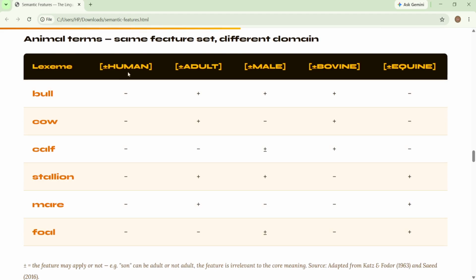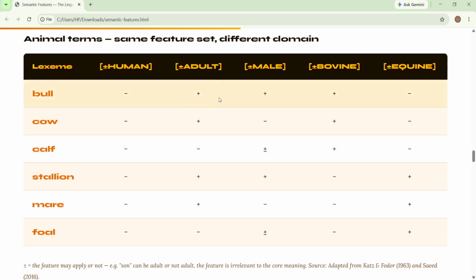Terms, same feature set, that is lexemetric: bull, cow, calf, stallion, mare, foal. Then human, adult, male, bovine, equine. So for bull, and all of them negative human as they're not human.